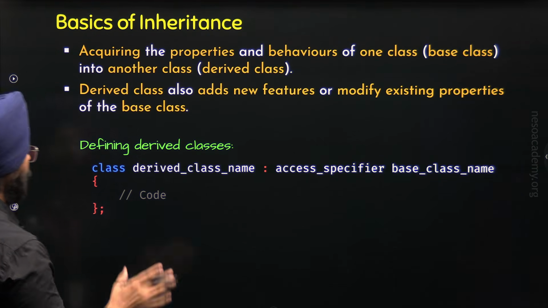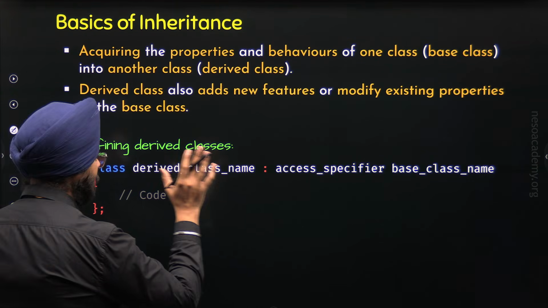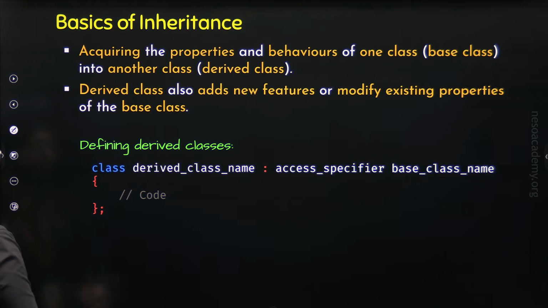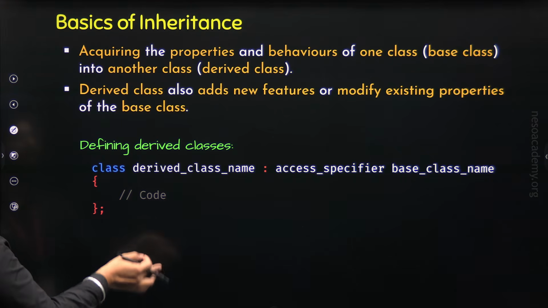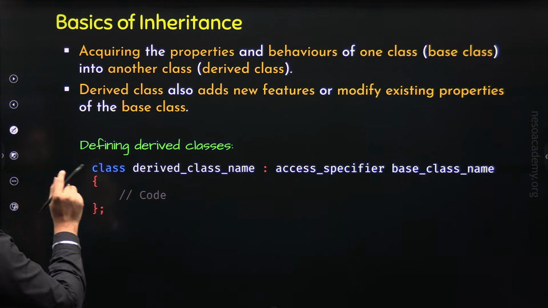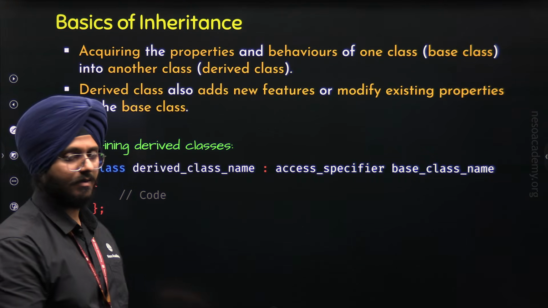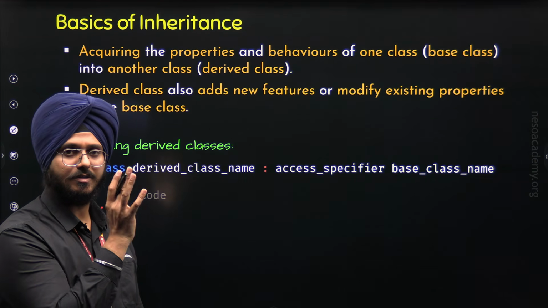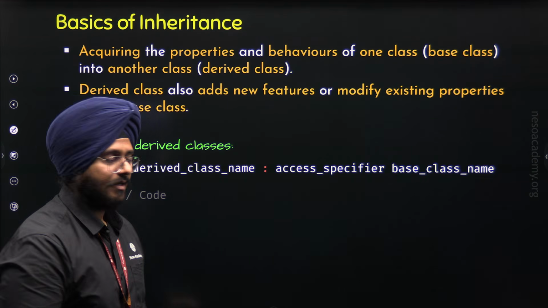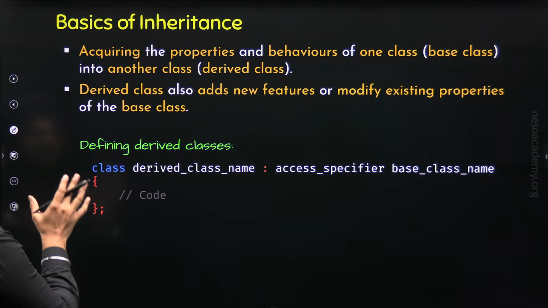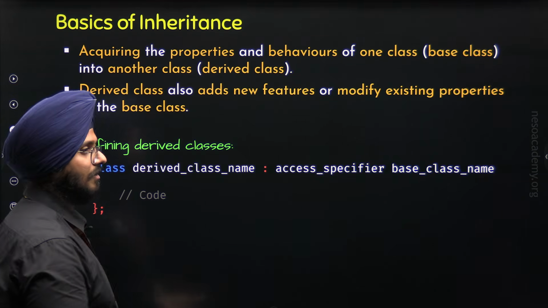So this is how we define derived classes in C++. This syntax will be more clear once we discuss one example of inheritance. This is what we will discuss in the next topic. For now, we have understood this syntax. Now, you might be thinking what inheritance is good for.